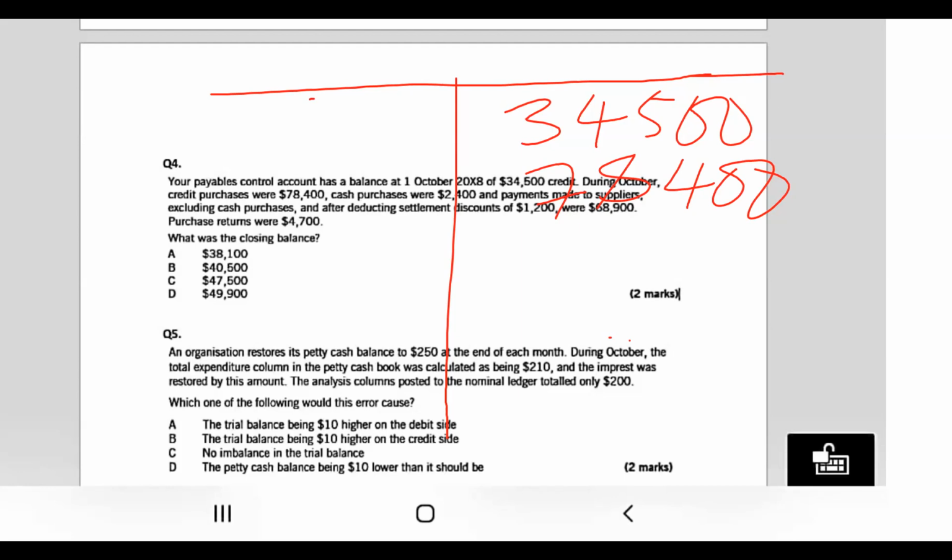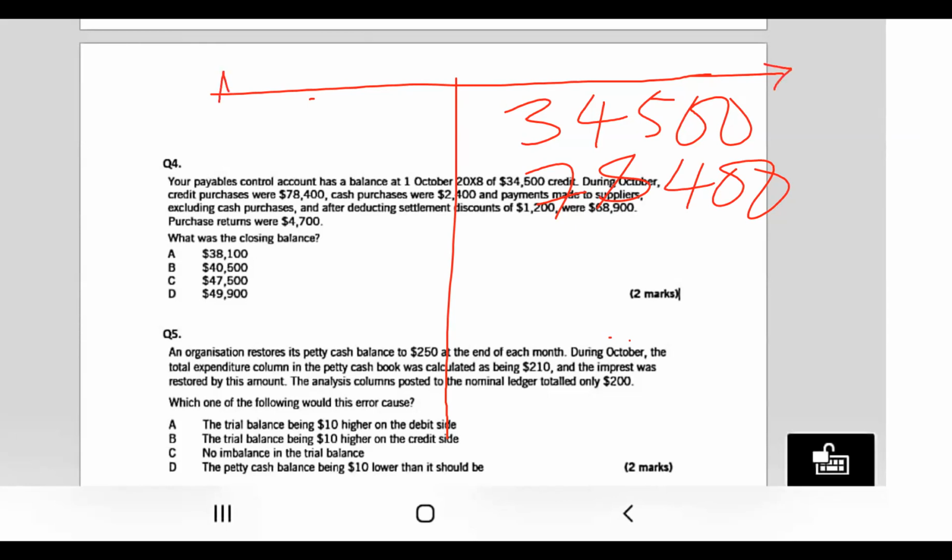After deducting settlement discounts of 1,200, we had 68,900, and the purchases returned were 4,700.